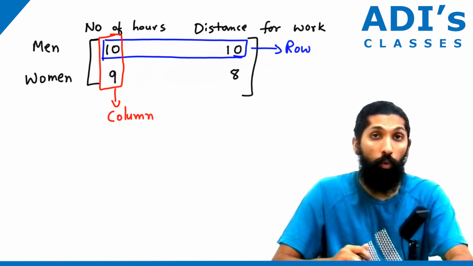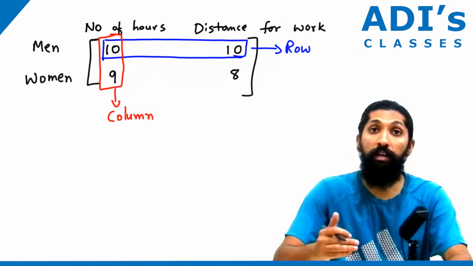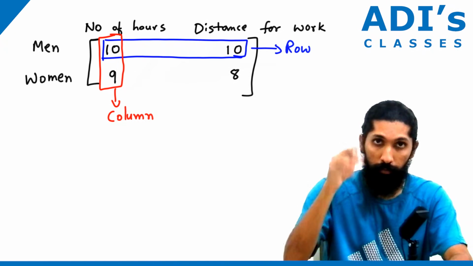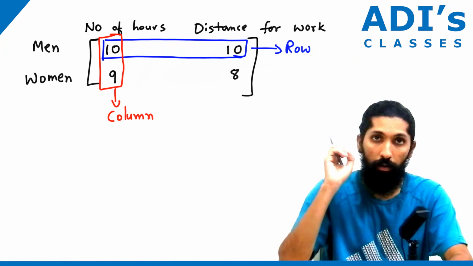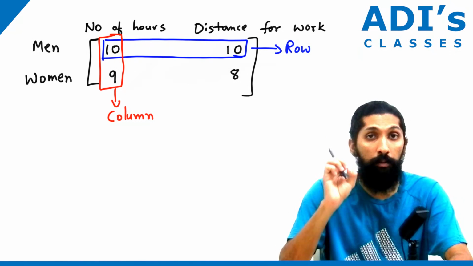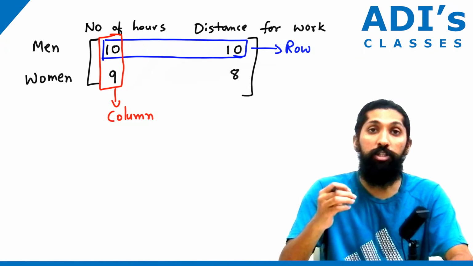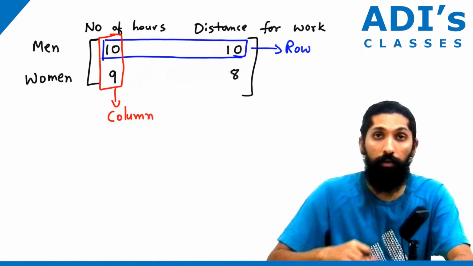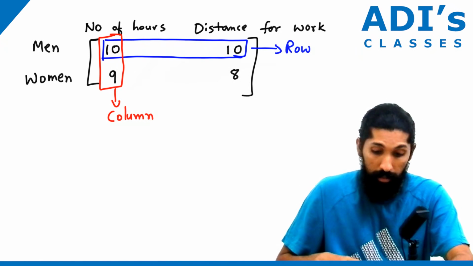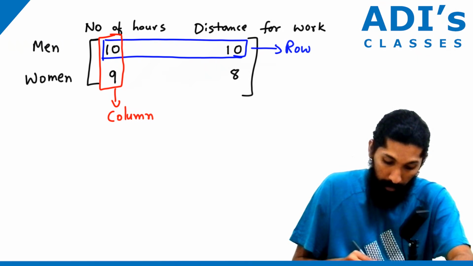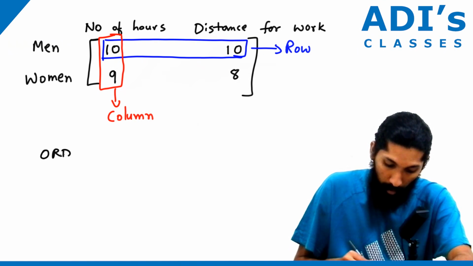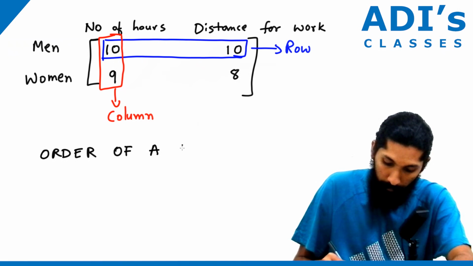Now that you have understood what a matrix is and how we represent it in terms of rows and columns, let's understand a very important parameter which defines a matrix. That parameter is what we call the order of a matrix.